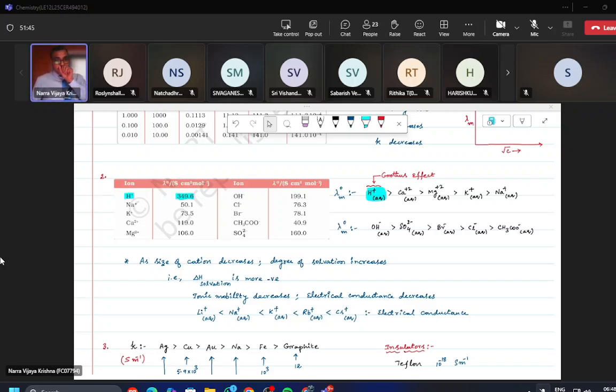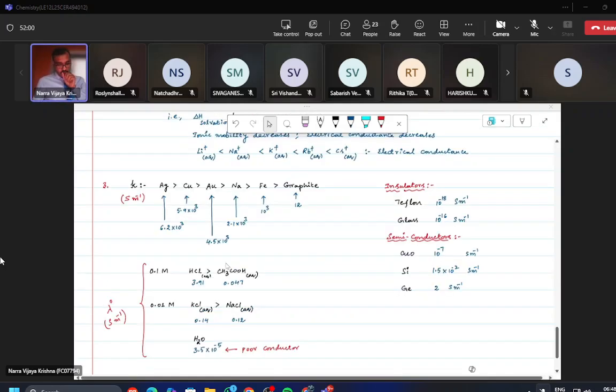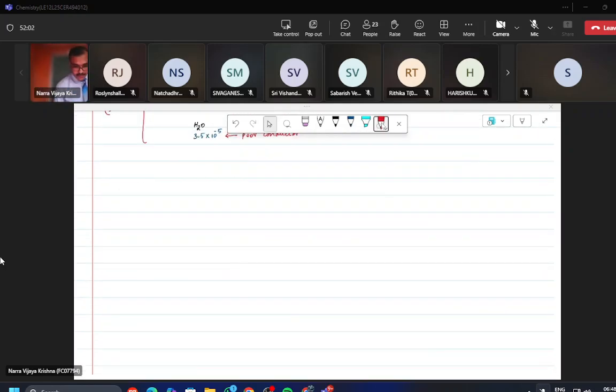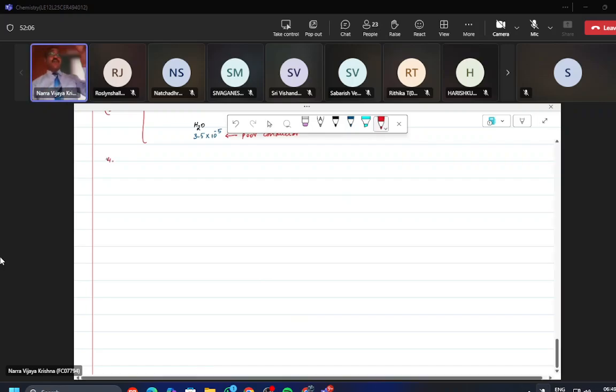So let me show it first. Note 4: ionic mobility and transport number. These are the 2 points. Just I will show and I will go back.